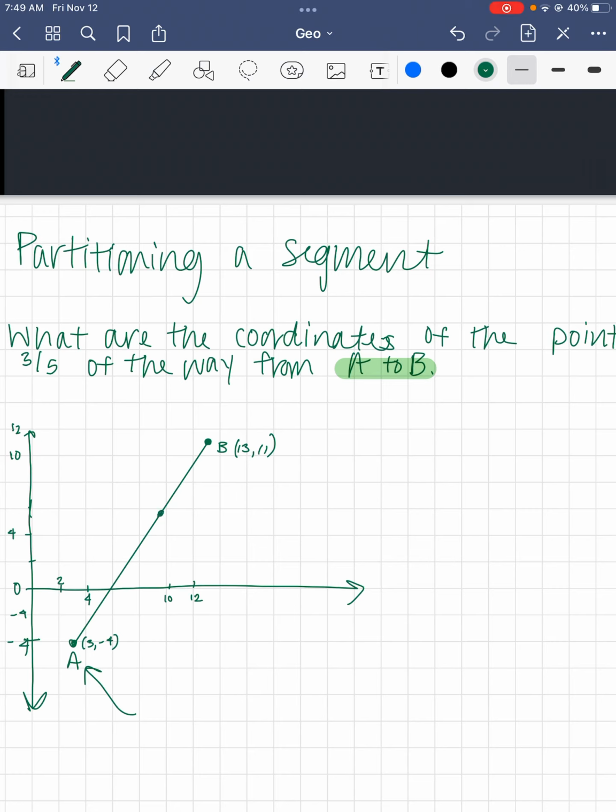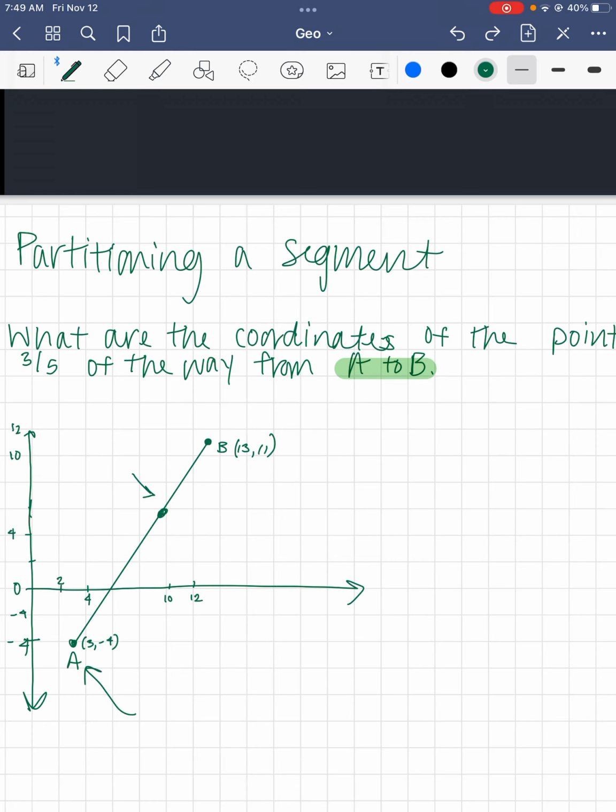So I'm going to say it's probably going to be around here-ish, right? This is if we did 1, 2, 3, 4, 5. 3 of those 5 sections up is going to be our 3/5 of the way.